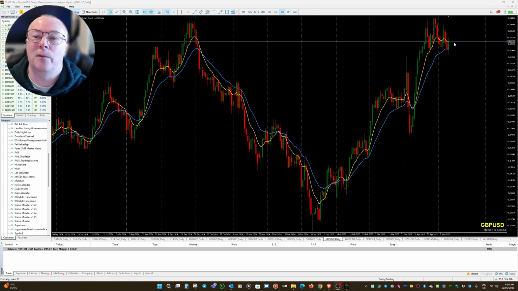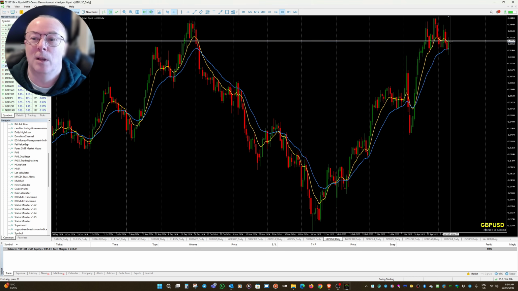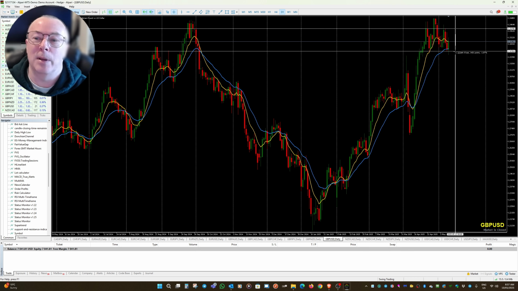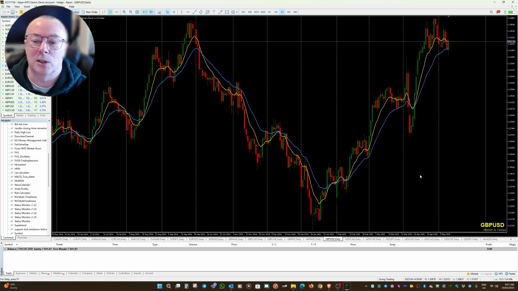However, this wasn't a very convincing long candle. It would have been better if it was an outside bar or a pin candle. So I wouldn't enter this one at this stage. I'd wait for another day. If it closed above these highs, that would be a better entry, and that would give you about a 150 pip stop loss.